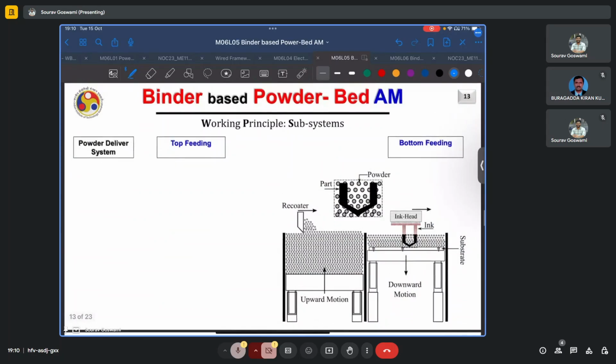The powder feed system, as we spoke, can either be a top feeding or a bottom feeding type. So here a bottom feeding mechanism is shown, but we may equally have a top feeding mechanism where you have this pair of hoppers, and the reason for having these hoppers is also because it tends to decrease the overall size of the machine and the chamber.